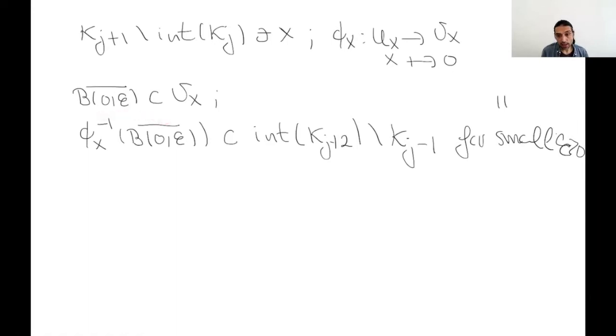And of course, we can require that this preimage of the closed ball of center 0 and radius epsilon is contained in one of the open sets of the cover, for some i.